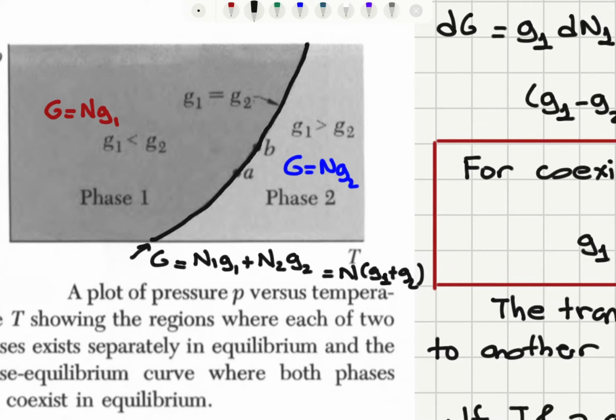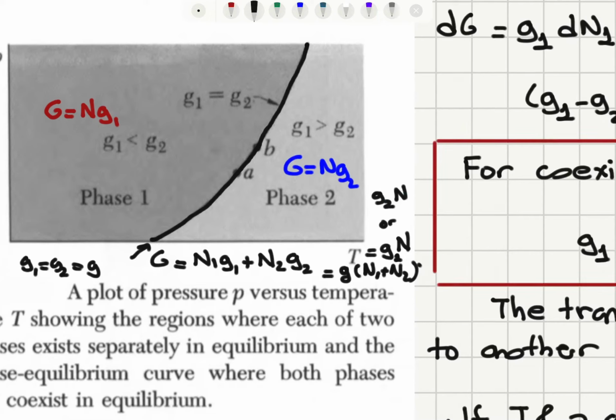So we have G1 equals G2 equals G, let's say, so this is G times N1 plus N2, so it is G times capital N. So here it's going to be equal to G1 times capital N, or G2 times capital N. They're the same.